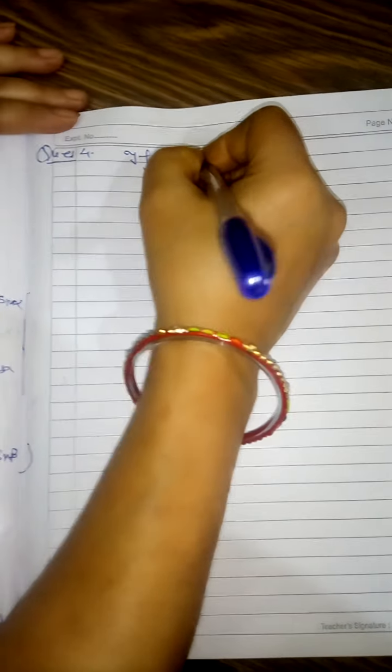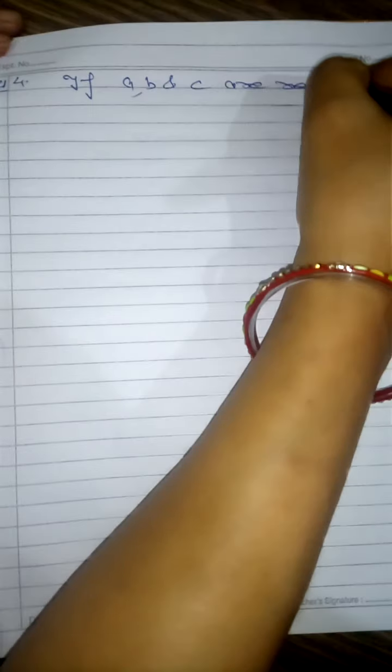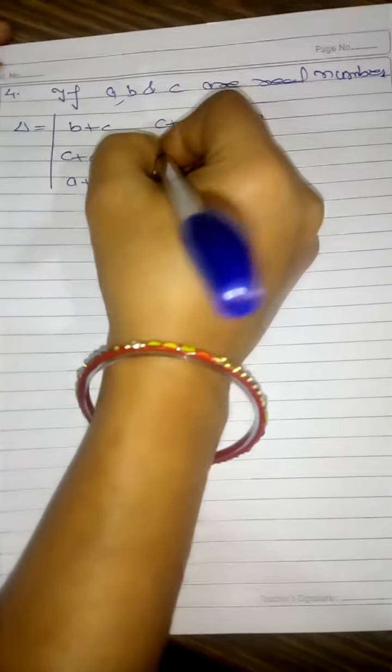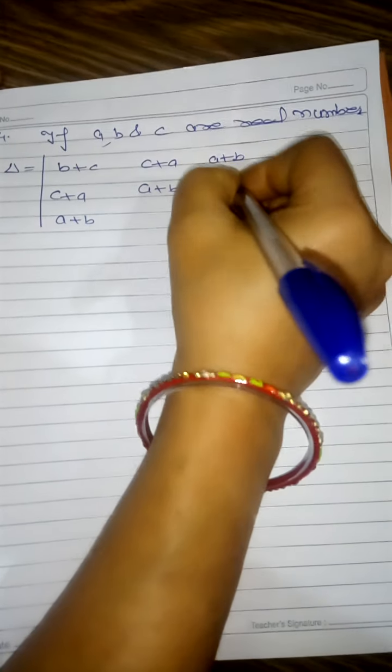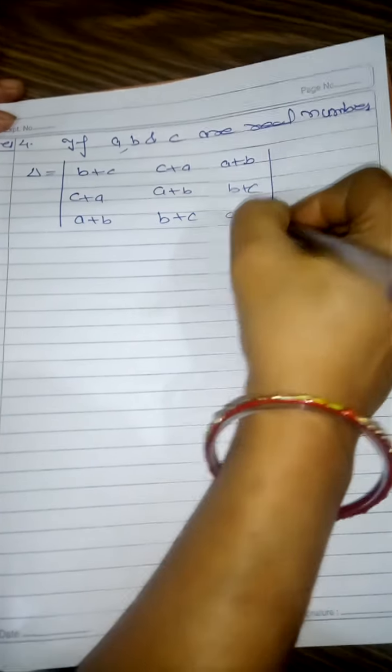Now start with question 4. In question 4 what is given? If A, B and C are real numbers, then the determinant of B plus C, C plus A, A plus B, C plus A, A plus B, B plus C, A plus B, B plus C, C plus A is equal to 0.